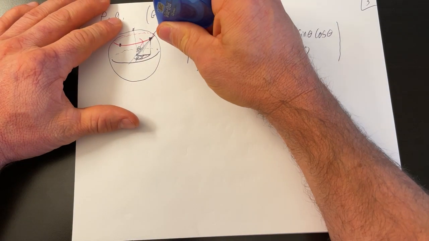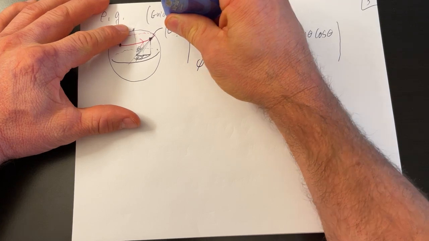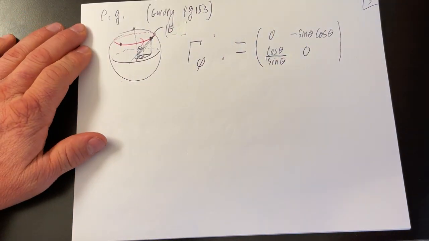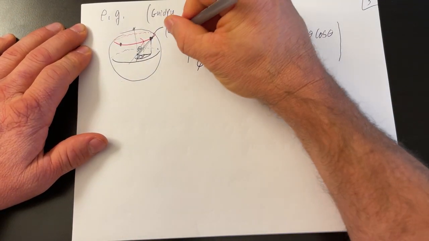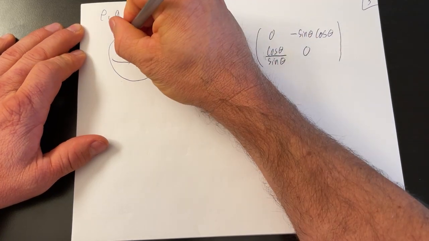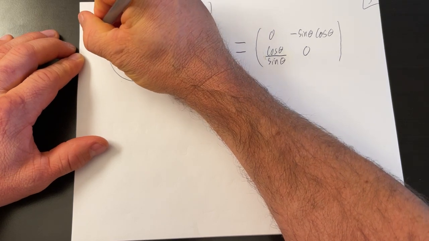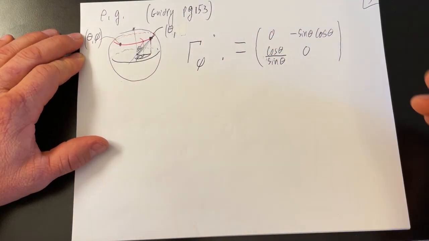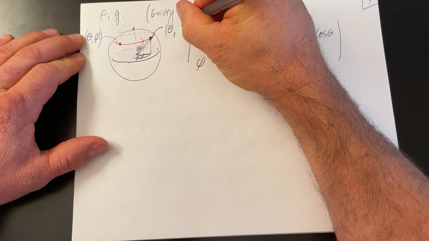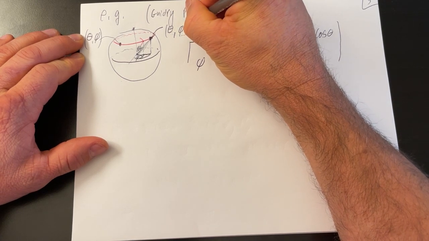So what I should probably do is erase this and say that what I'm going to do is go from this point, theta phi, renaming, to this other one, theta phi plus xi, right?